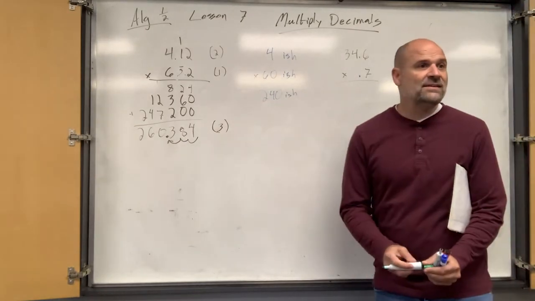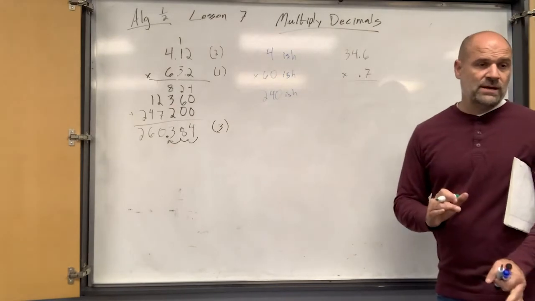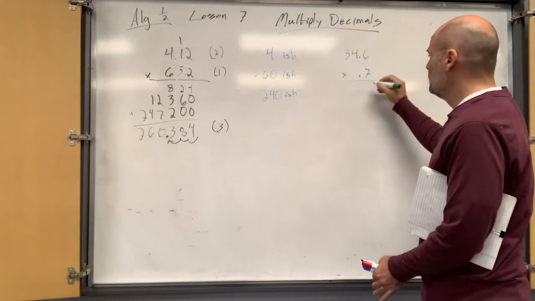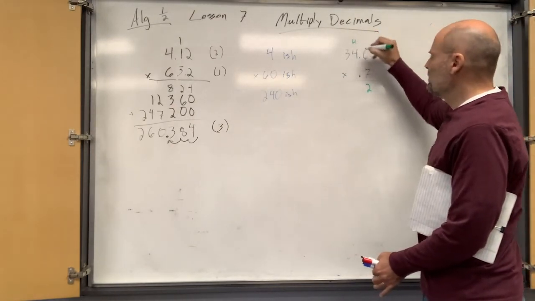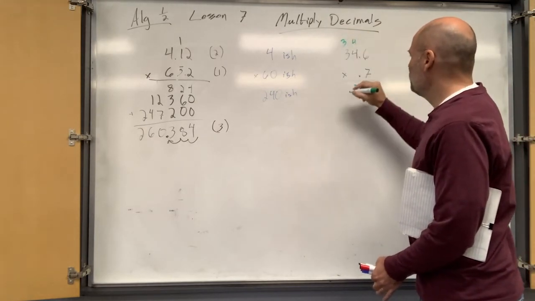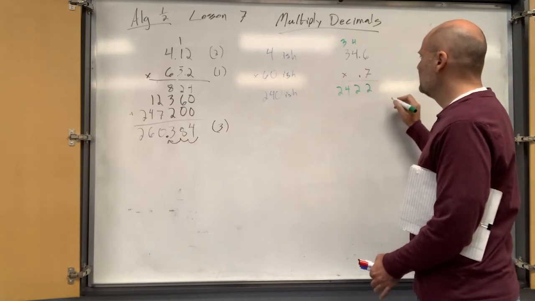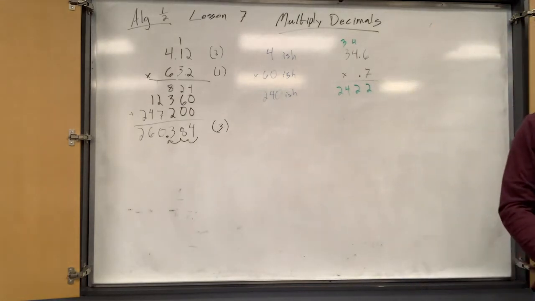All right, let's see who's right. So we're going to ignore the decimals, right? What's 6 times 7? 42. Carry the 4. 7 times 4 is 28. Plus 4 is 32. Carry the 3 times 2 is 6, 24. Right? Is that what you guys got? Now, where do you put the decimal?